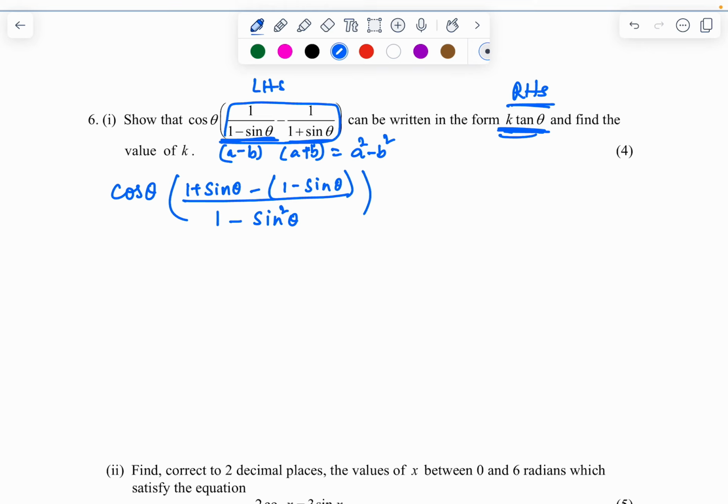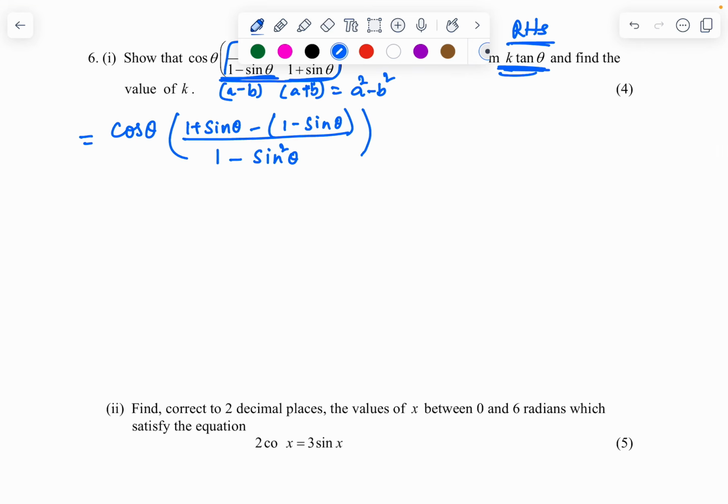Let us write step by step so that we will not get confused. Then I will write cos theta. So this is 1 plus sin theta minus, open the bracket, 1 minus sin theta, over 1 minus sin squared theta.